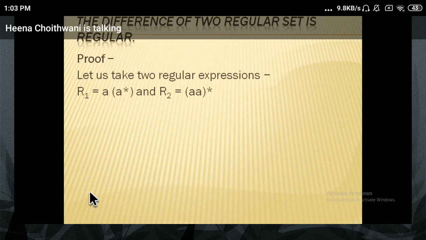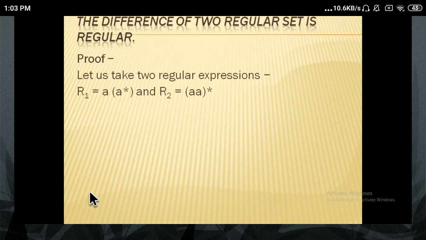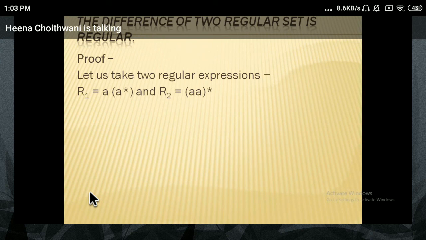It's A and AA star. Will it give you all the possible strings of A in odd length? Right? So these two are already regular. Star closure is regular, singleton is regular, concatenation of these two will also be regular. Right? So check it.